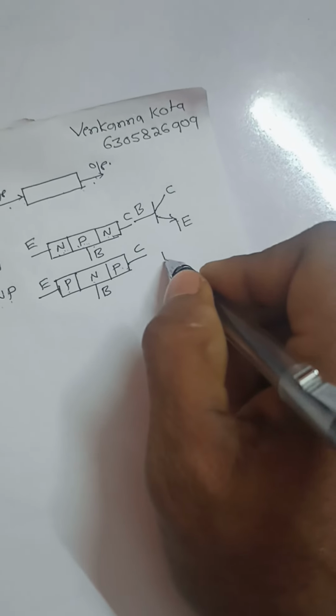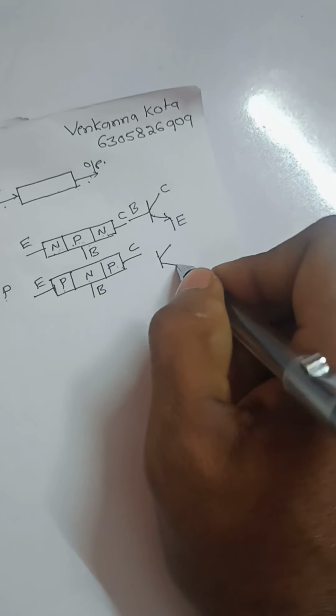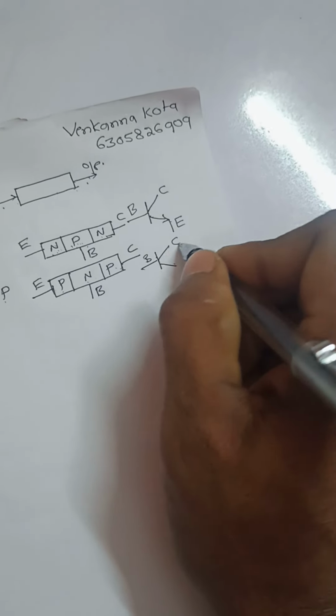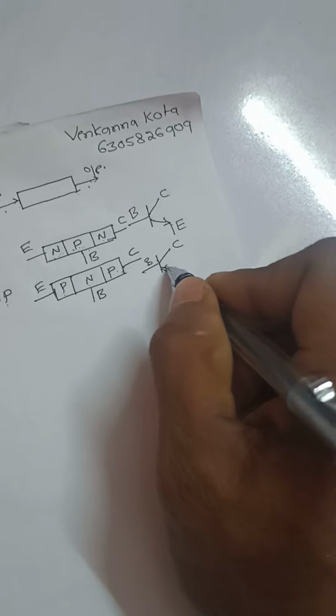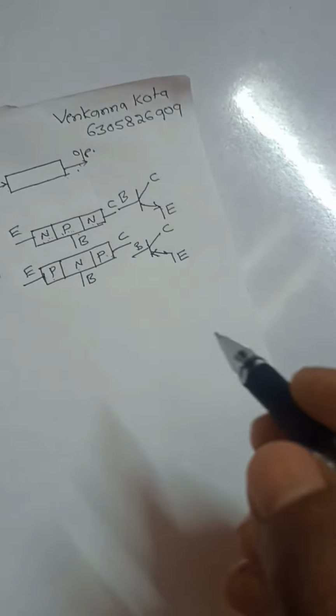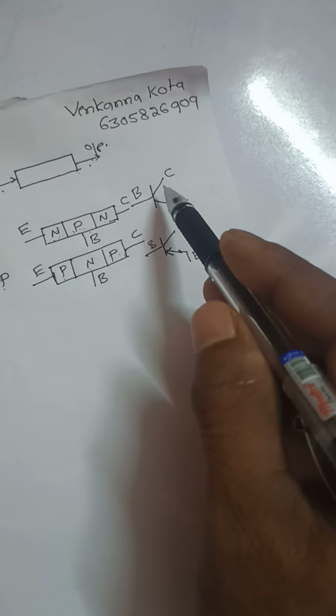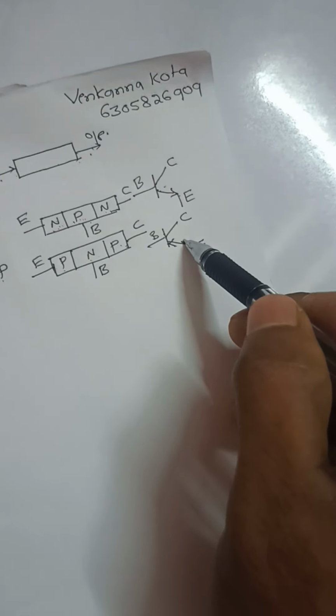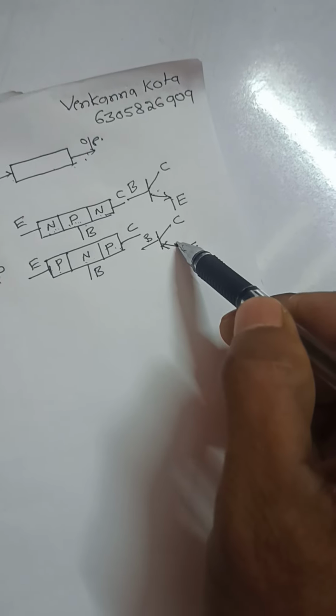And in the symbol for the PNP transistor, this is the base, this is the collector, and the arrow mark is inward for the emitter. So this is the symbol of the NPN transistor, and this is the symbol of the PNP transistor.